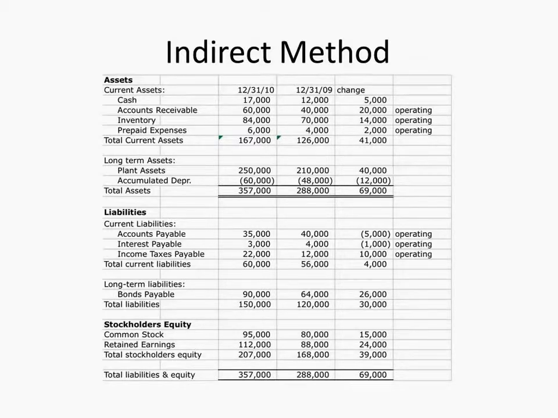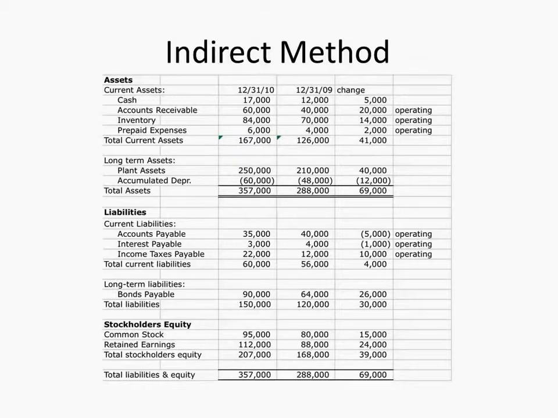Now, we've pulled up a balance sheet. Here's the balance sheet here. Forget cash, because that's what we're arriving at. That's what we're actually reconciling to. Accounts receivable is at 60, it was at 40, so accounts receivable went up by 20,000. This is a current asset that increased. Where do current assets go?